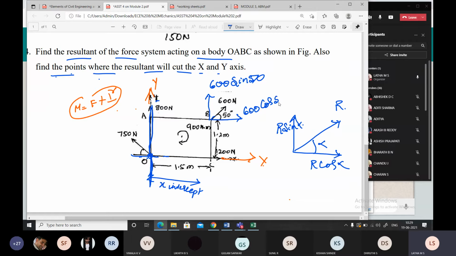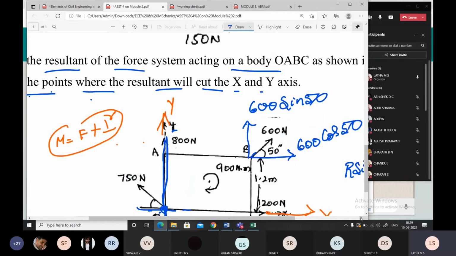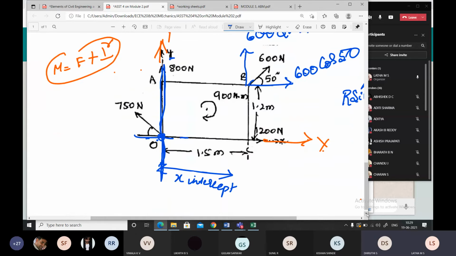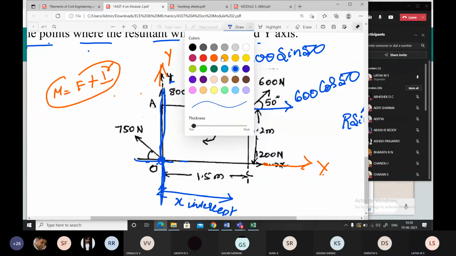Now tell me students, what are the moments? 600 cos 50 into 1.2, correct? Clockwise or anti-clockwise? Clockwise, ma'am. Very good.